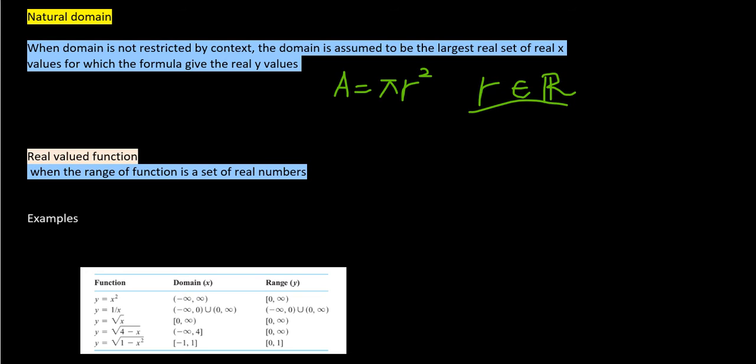And what is a real valued function? When the range of a function is a set of real numbers. Suppose I am taking an example, y is equal to x.